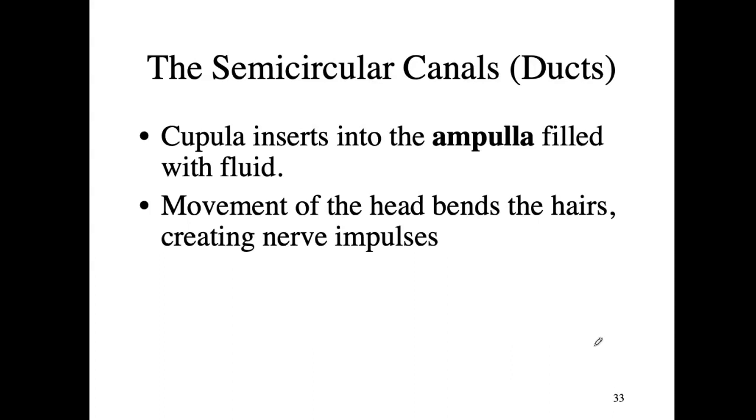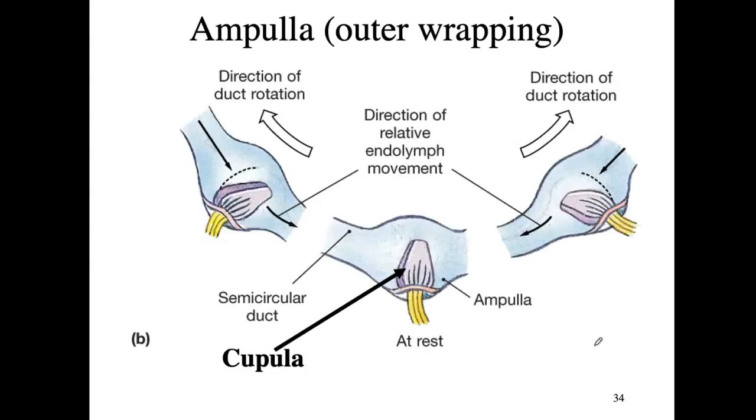So when you move the head in any of those directions that I already showed you, you're going to have movement of the fluid, and the fluid is going to move the neuron. Imagine here we started out at rest. Then if you're rotating this way, the fluid goes in the opposite direction. It gets left behind, and it's going to bend this cupula.